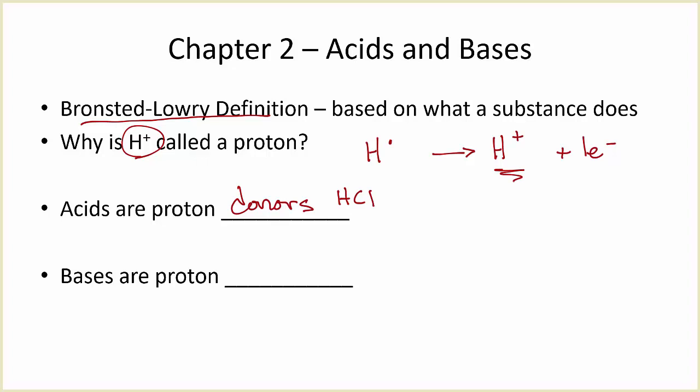Bases, then, in the Bronsted-Lowry definition, are proton acceptors. Now, here's the tricky thing about a proton acceptor. A proton acceptor can be anything with a lone pair of electrons.